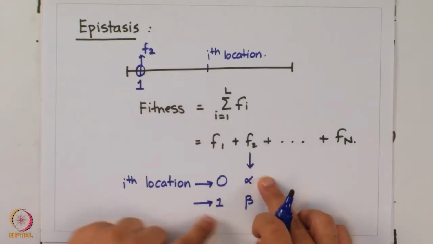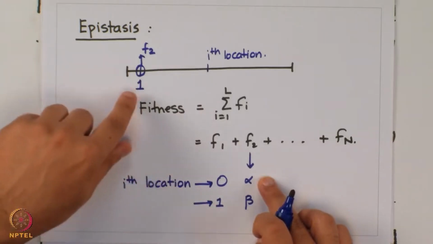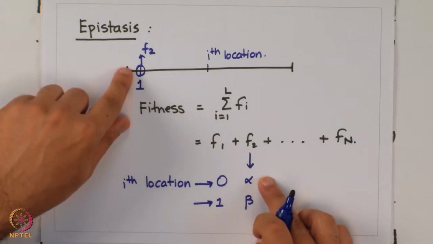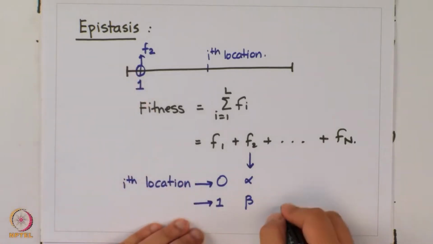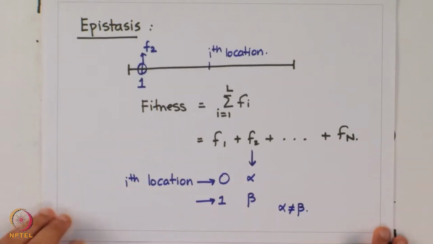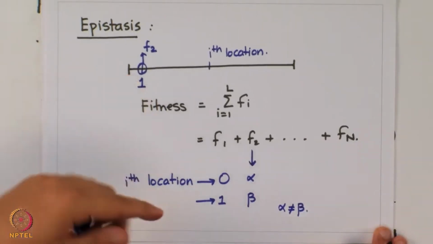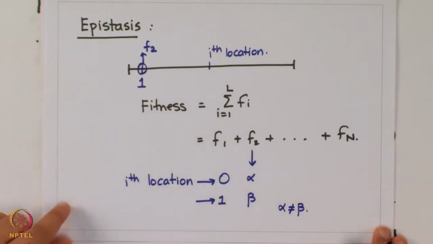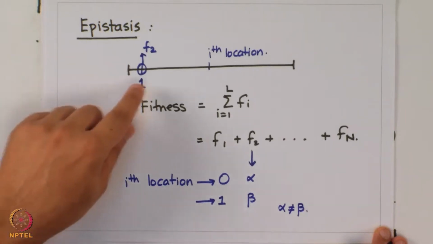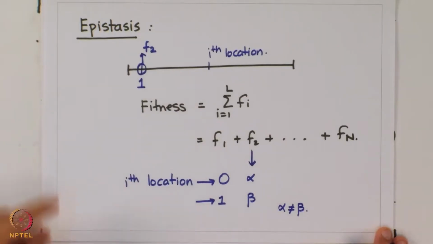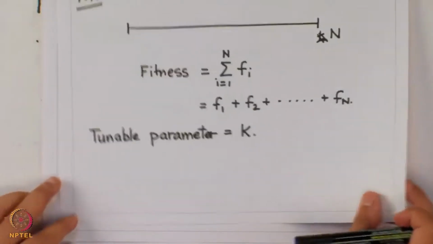But if the ith location has a 1, then the contribution of that same 1 present on the second position is a beta, and alpha is not equal to beta. This phenomenon, that the fitness contribution of a particular nucleotide or locus on the DNA is dependent on what is present elsewhere on the DNA, is called epistasis, and it is a widely observed phenomenon when it comes to fitness landscapes. And that leads us to the tunable parameter K, which is associated with NK models.